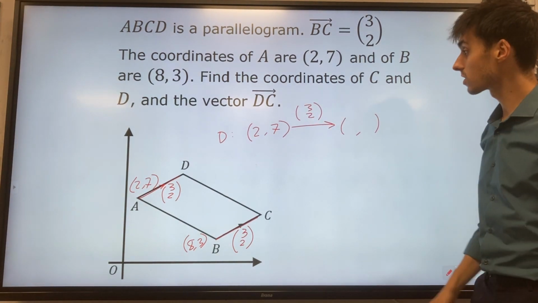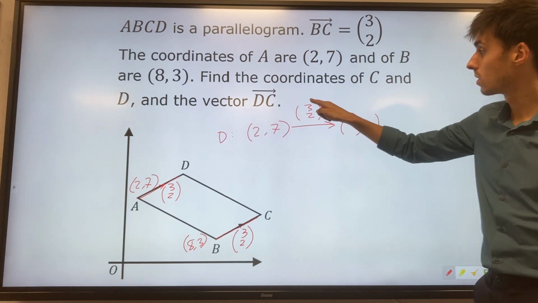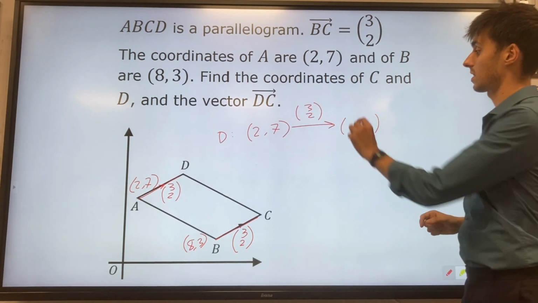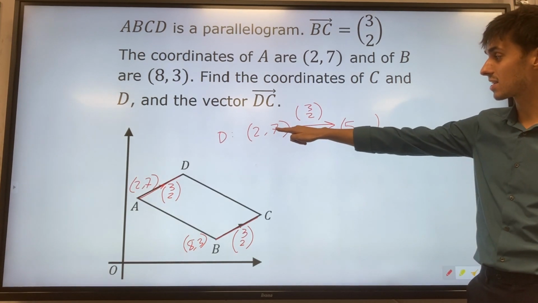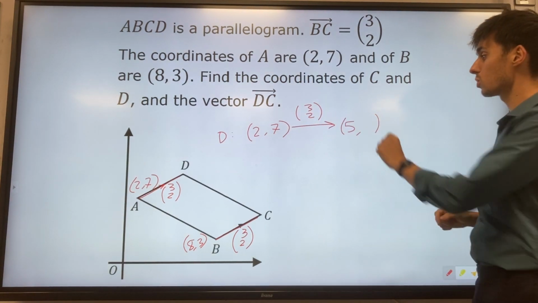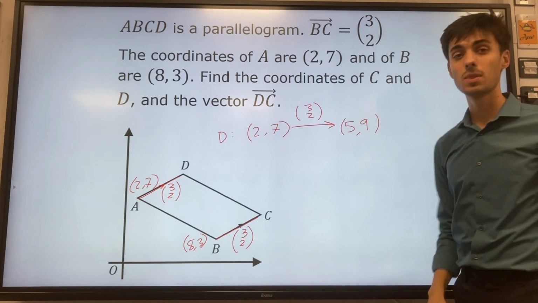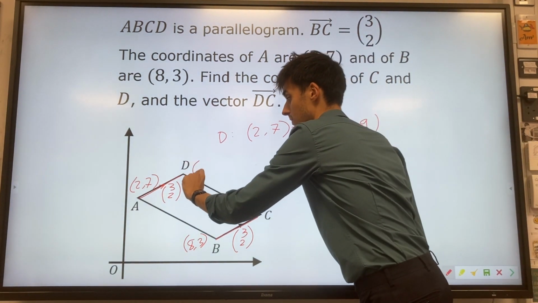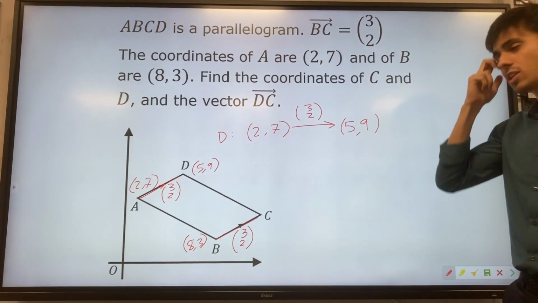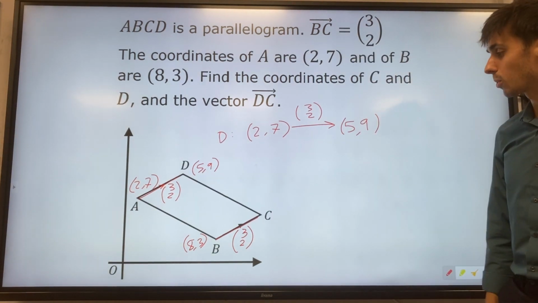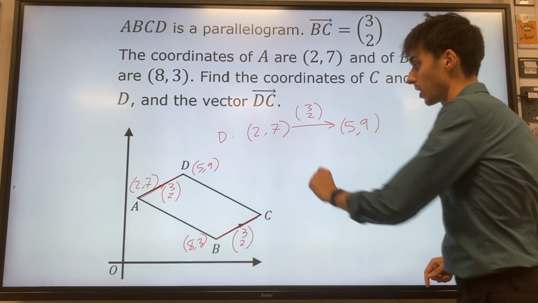So looking at our first numbers, we've got 2, we're going to travel 3 to the right, so that will take us to 5 on the x-axis. And on the y-axis, 7 add 2 will take us to 9. So I'm adding on D, it's (5, 9). Let's also find out C at this point. So C is very similar.